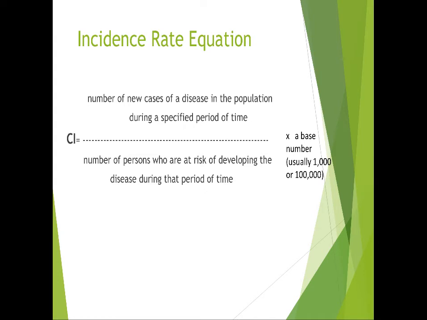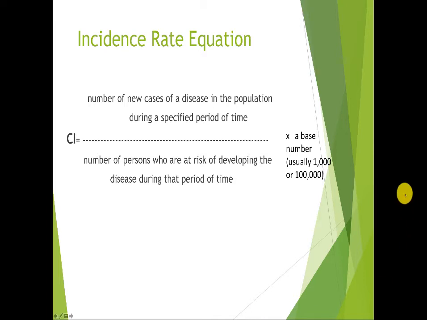This is the equation for cumulative incidence rate. The numerator consists of only the new cases of disease during a specified period of time, and the denominator is the number of people who are at risk for developing the disease but do not have the disease during that time. You always multiply with a base.